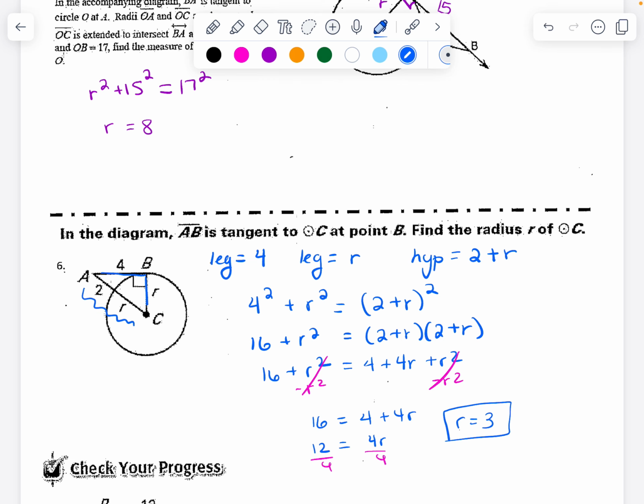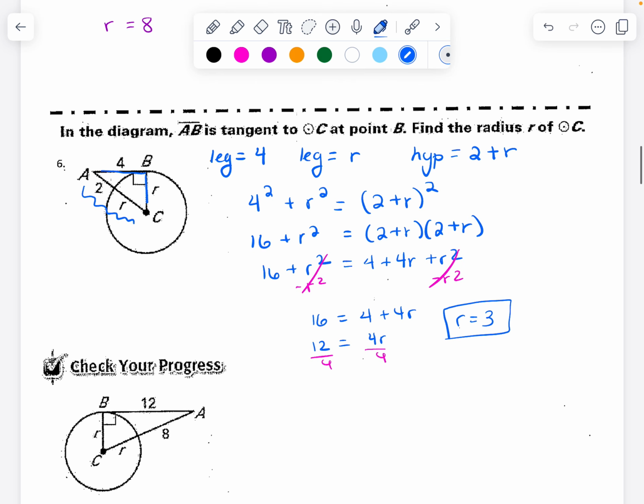I want you to use that same method that we just did to try the next one on your own.